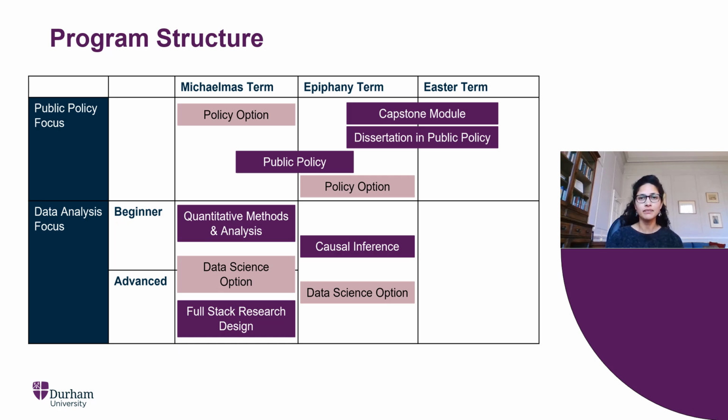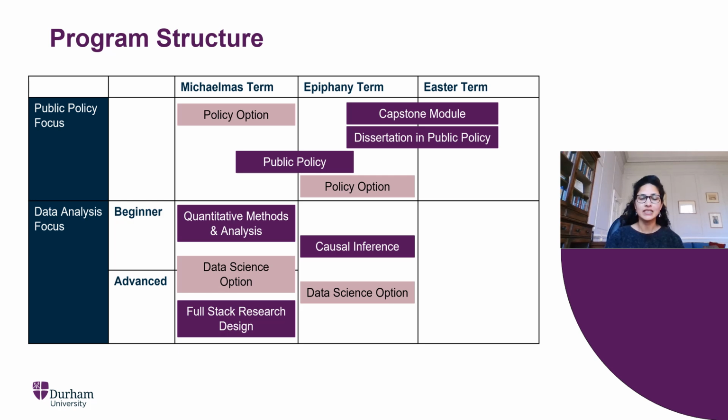In the second term, the public policy module will expand beyond macrostructural contexts for policymaking and the policymaking cycle to focus on public administration and management as well. Meanwhile, the two data science tracks will merge in taking causal inference. In addition, this term marks the beginning of the capstone module and the dissertation, which both continue into the third term.